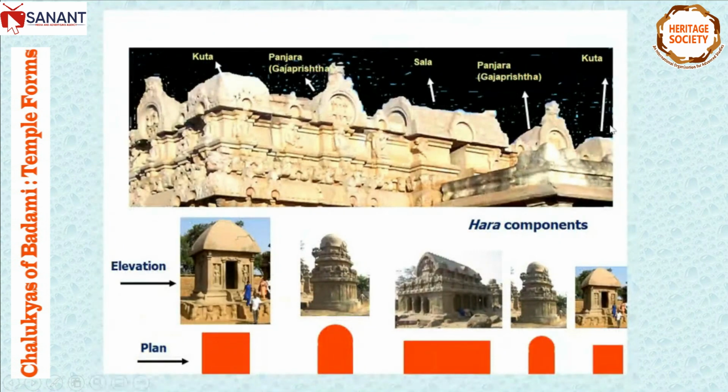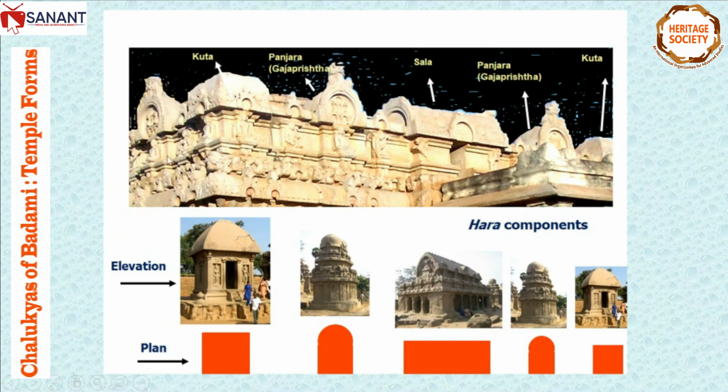So how this Hara component represents the Kuta, Panjara or apsidal temple, Shalakara temple, again Panjara here and another Kuta here. I have given the models here below to show the relation to the real temple form. This one is apsidal, this one is square, this one is oblong. So again, that repetition of the scheme is there.